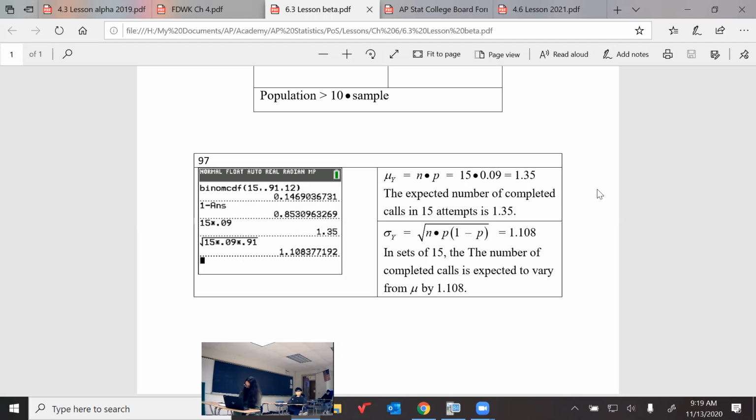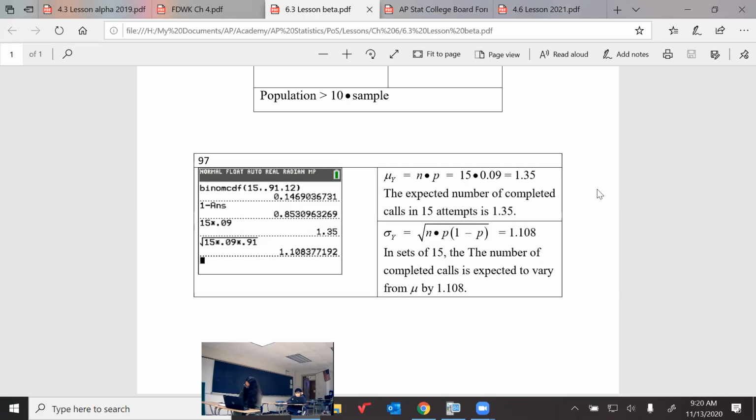You've got to think about this. That's impossible because this is discrete. You can't have a fractional value as part of your sample, but the center is based upon that. The center is 1.35 calls, even though you couldn't possibly get the center.